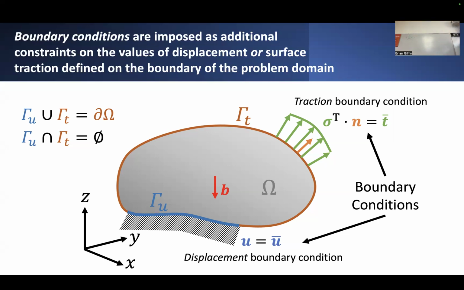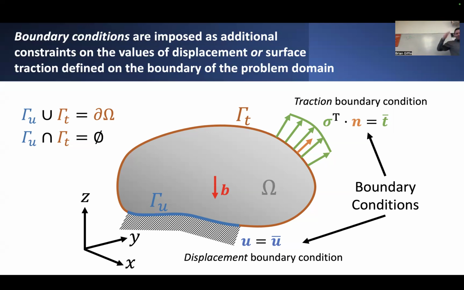And conversely, if there was some hole where I didn't specify any boundary conditions, neither a displacement boundary condition nor a traction boundary condition, then I would fail to satisfy the conditions of solution uniqueness.